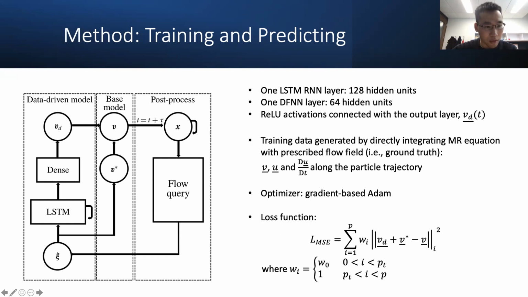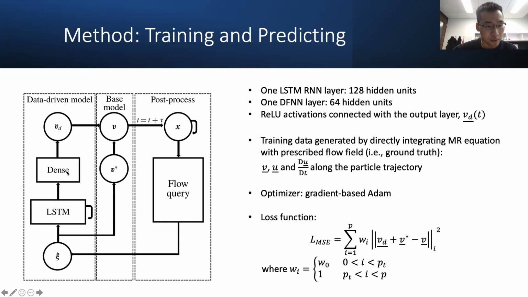And in this framework, they have the LSTM here, and also a dense neural network connecting the output from the LSTM to this VD at the output layer.